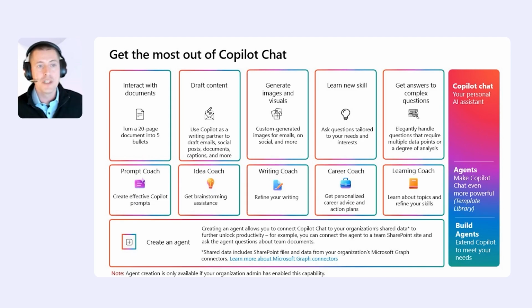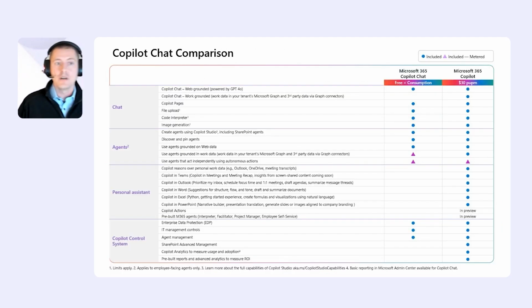Now, let's take a moment and look at this slide, the actual comparison of Copilot Chat, the free version against the paid version. And most important to call out is we look here at four important pillars. So we have Copilot Chat. Copilot Chat offers a free and secure web-grounded experience that includes additional value like the ability to interact with Copilot pages, create images, interact with code, the code interpretation.